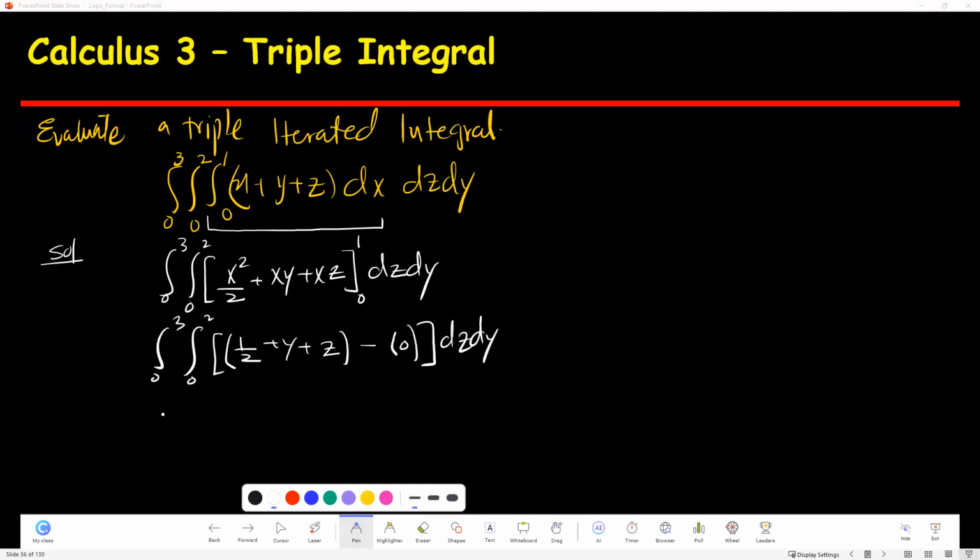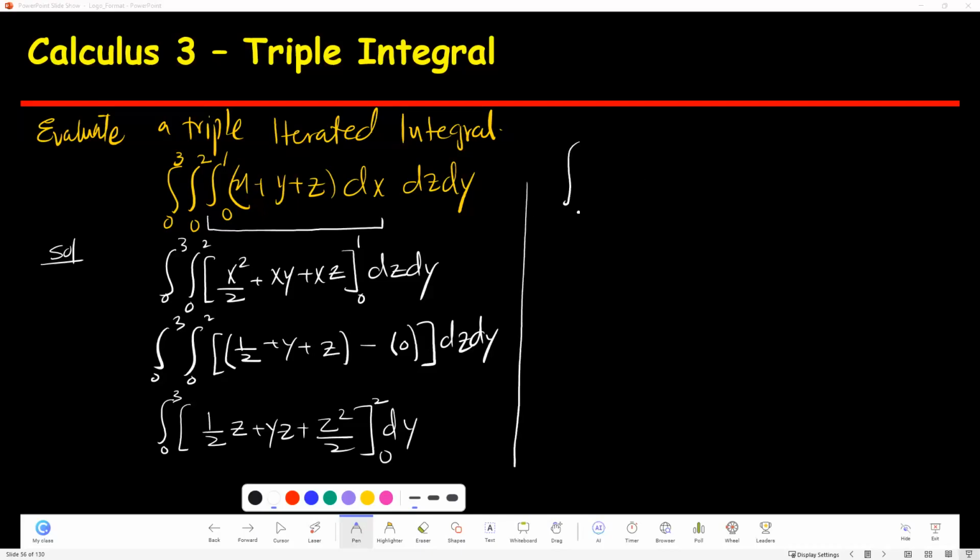The second part of this one, I'm going to be taking the integral directly. So it's going to be half z plus yz plus z squared divided by 2 dy. Limit is 2 and 0. Okay, let's substitute the limit.